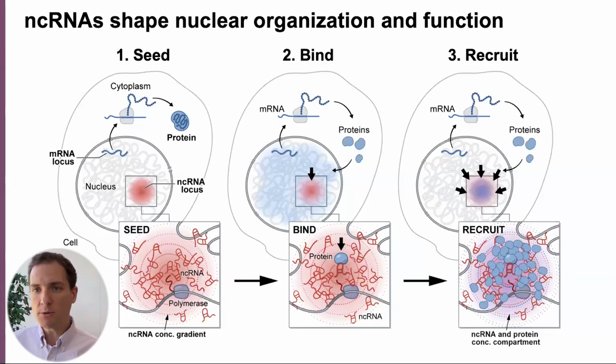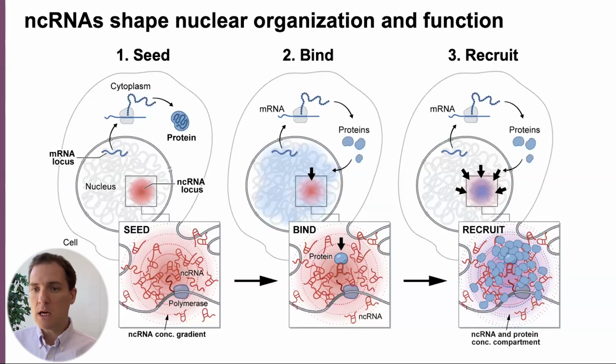The process of transcription can create high concentrations of this RNA product. Because these RNAs are functional as RNA molecules, they can bind, via their sequence or structure, to different RNA binding proteins with high affinity. They can bind different protein complexes, and by doing so, recruit these proteins to this compartmentalized spatial location where the RNA accumulates at high concentration. In this way, they can drive compartmentalization of these different proteins within the nucleus.